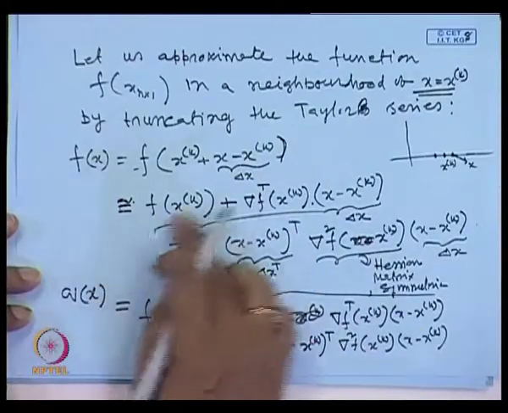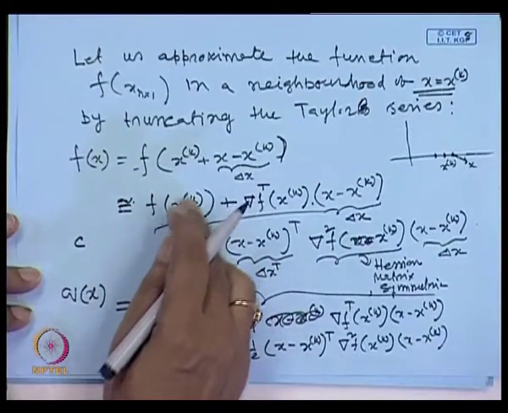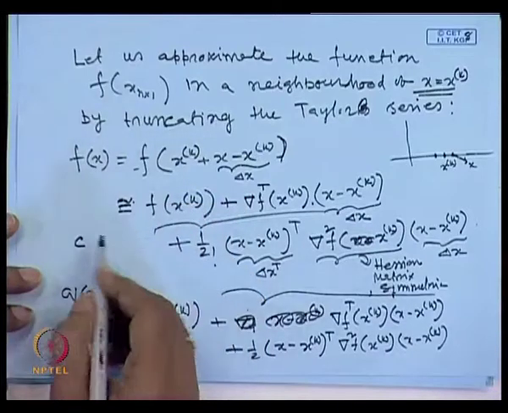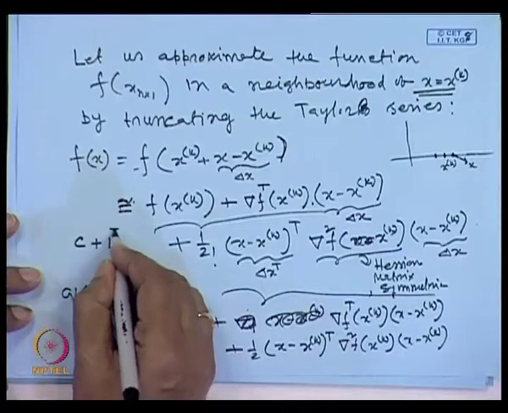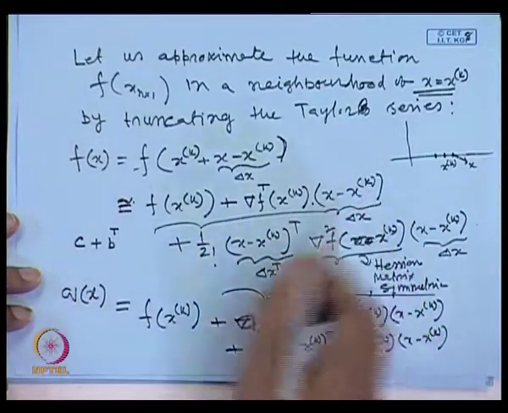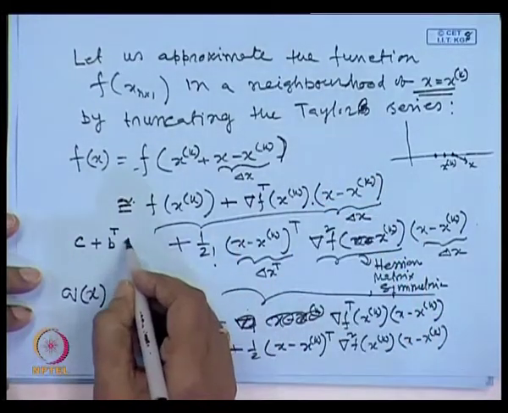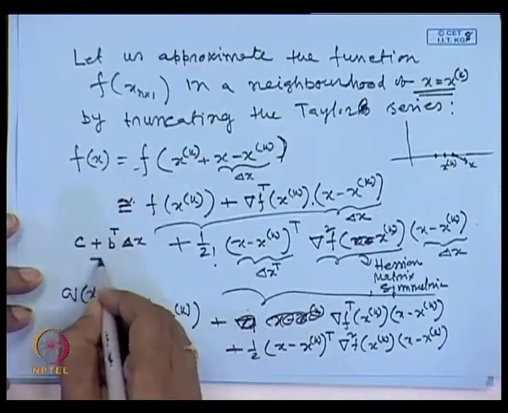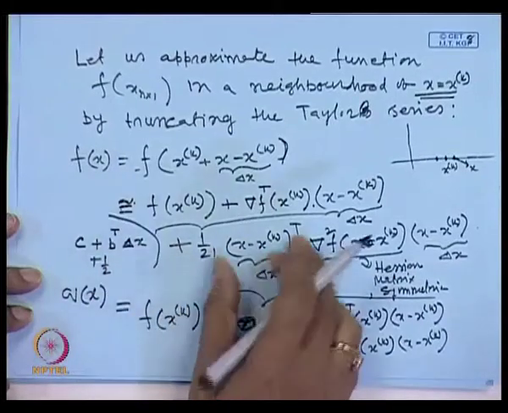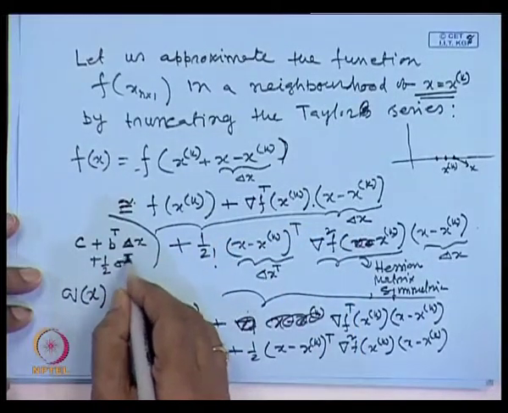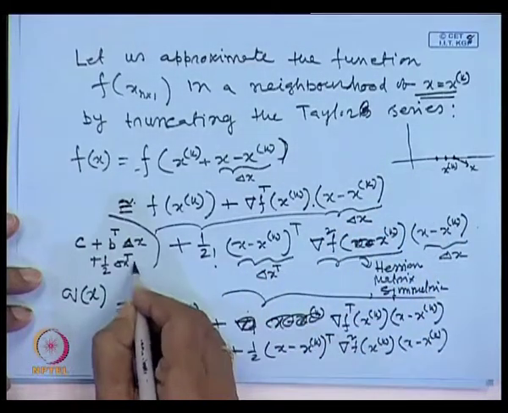One can write it in this form: c, which is a constant because you know the function value at the kth iteration, plus b transpose delta x, where x superscript k is known but x is unknown, plus half delta x transpose P delta x, where P is the Hessian matrix, which is symmetric.